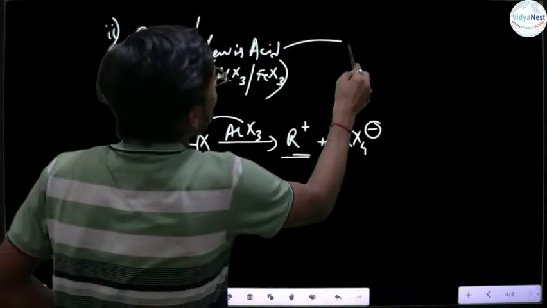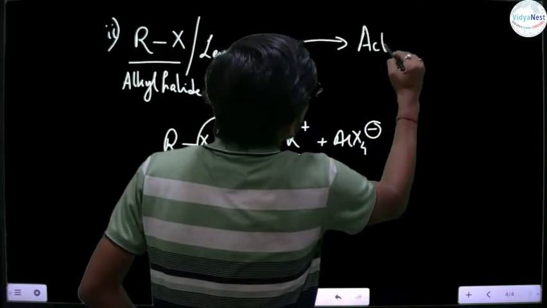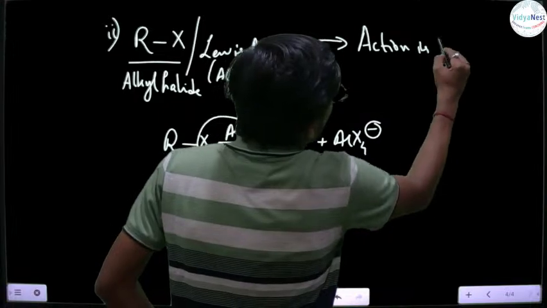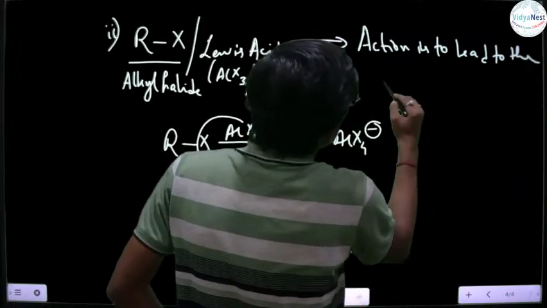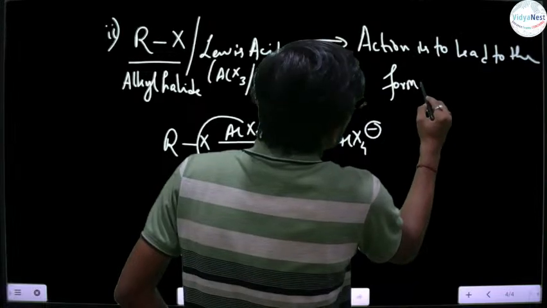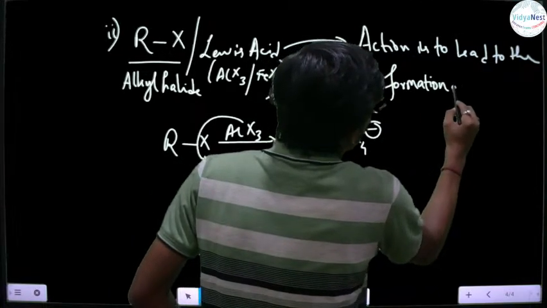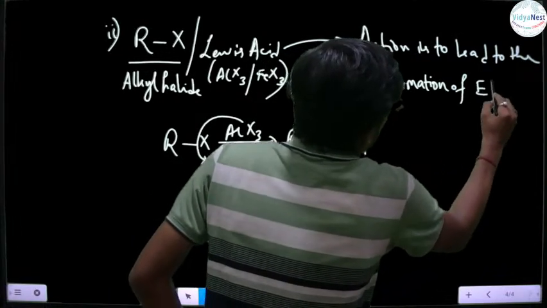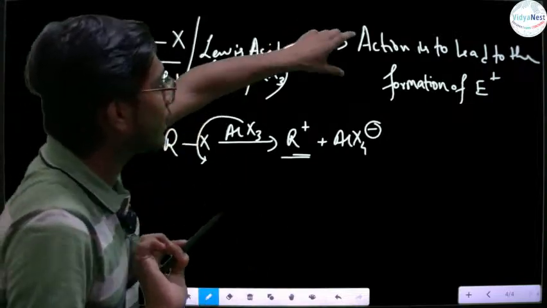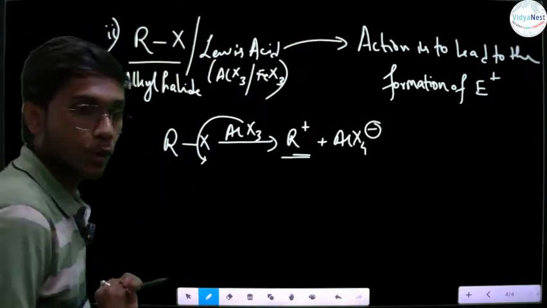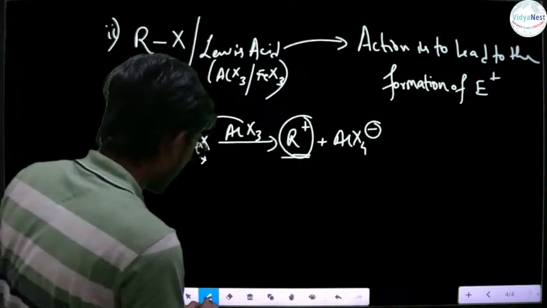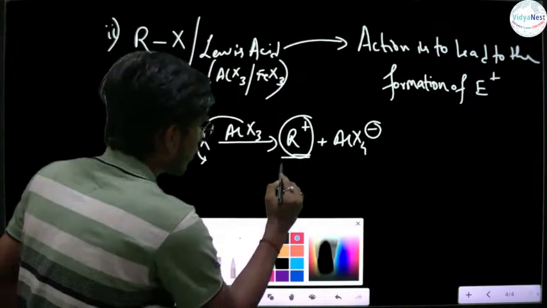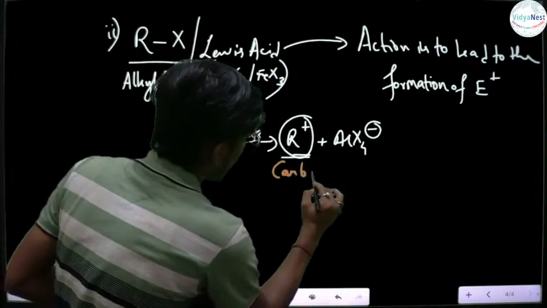The action of the Lewis acid is to lead to the formation of the electrophile. To form the electrophile, AlX3 or Lewis acid is being used. So this electrophile here is R plus. Now what is R plus? R plus is a carbocation, as we all know.